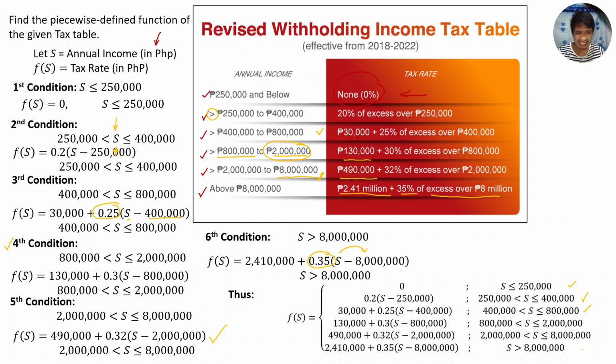Then lastly, we have 2,410,000 plus 35% of s minus 8 million for annual income greater than 8 million pesos. So this is the piecewise defined equation para sa ating revised withholding income tax table.